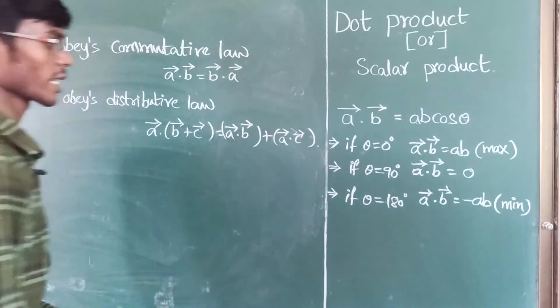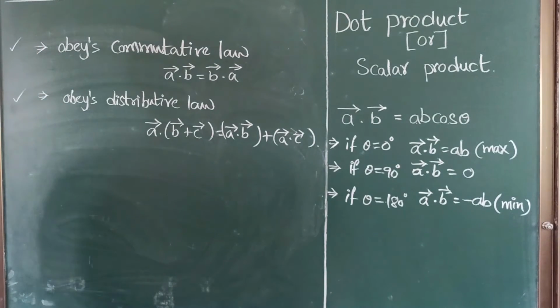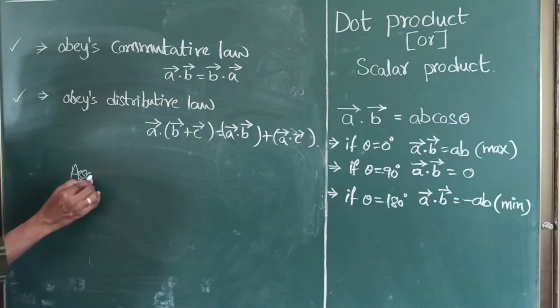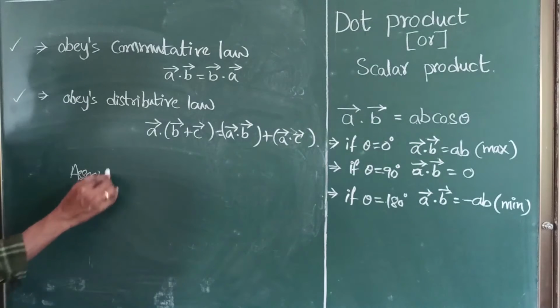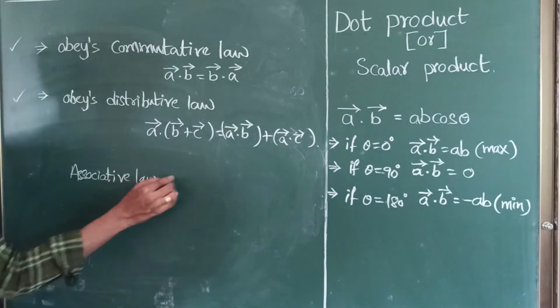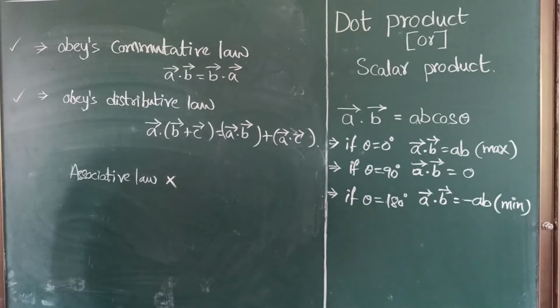This is the distributive law, right? So the commutative law and distributive law are obeyed by the dot product of vectors, and the associative law is not obeyed. Associative law is not applicable for the dot product of vectors.